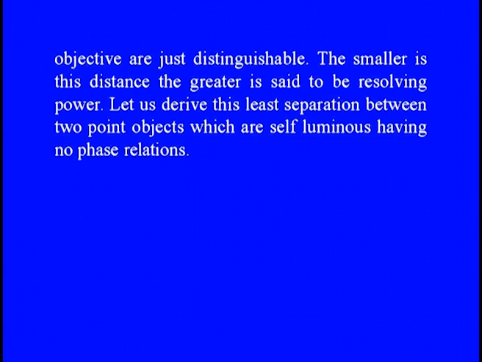The smaller this distance, the greater is said to be the resolving power. Let us derive this least separation between two point objects which are self luminous, having no phase relationship.